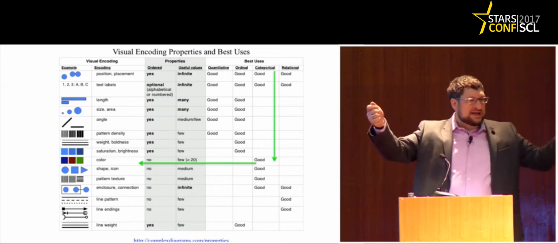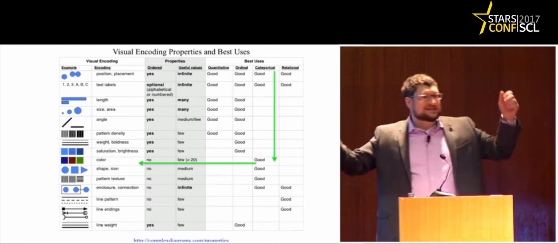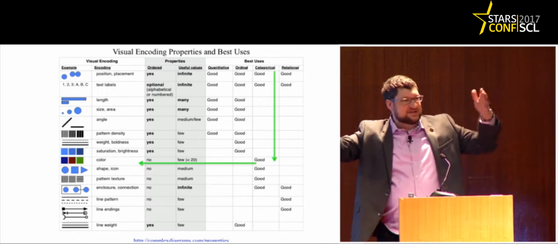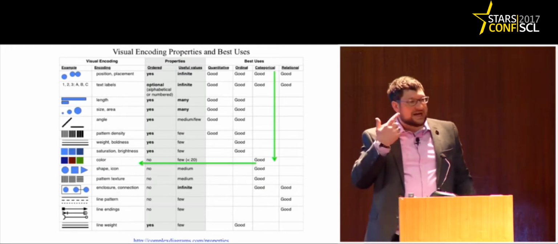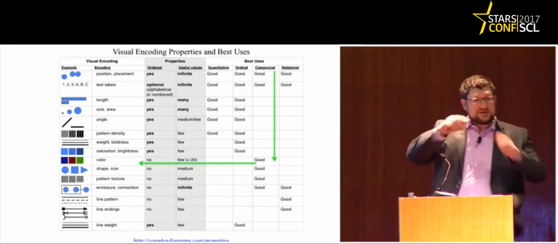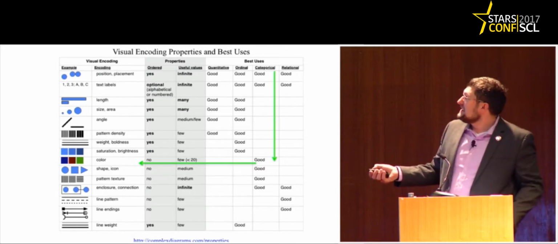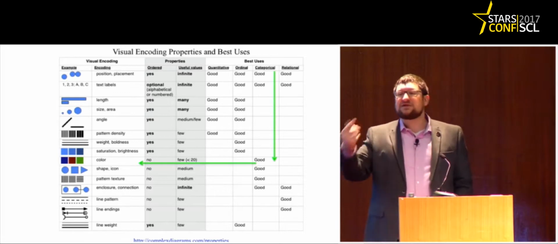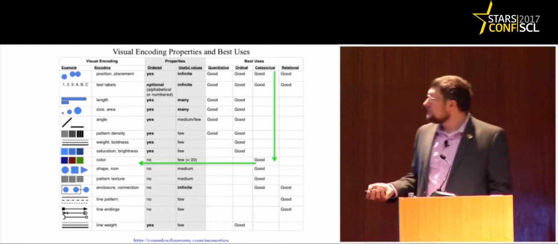If I hand you two unlabeled clocks and one of them is 17 minutes after the hour and one of them is 18 minutes after the hour, and I rotate the clock in weird ways, can you tell which one's bigger? Maybe not. We're not as good at angle. The eye and the brain just don't see that same level of precision with angle. So even though my computer can draw any angle, any infinite number of angles, there's not as many that we call useful because I can't usefully differentiate them. I can't usefully talk about them.